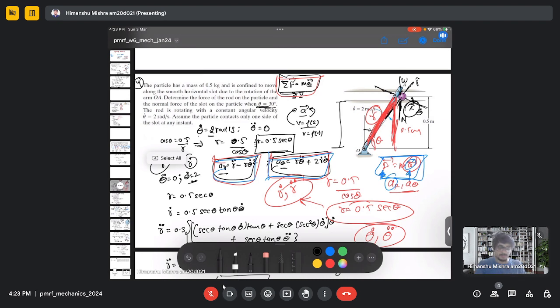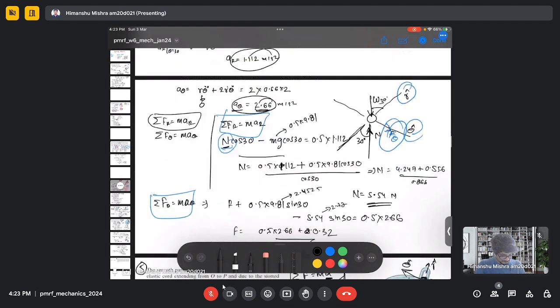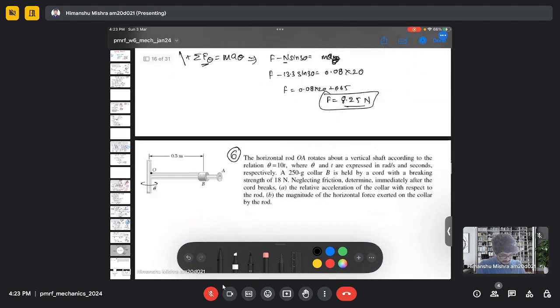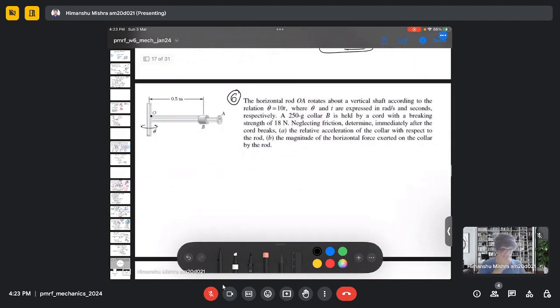So let's move to the next question. Here we have the horizontal rod OA rotates about a vertical shaft according to the relation theta dot equals tan t. Here theta dot and t are expressed in rad per second and seconds respectively.